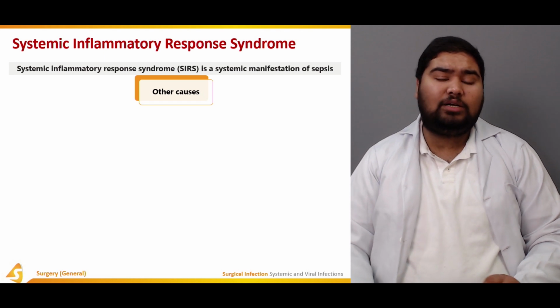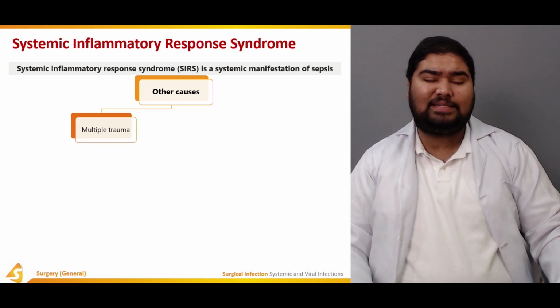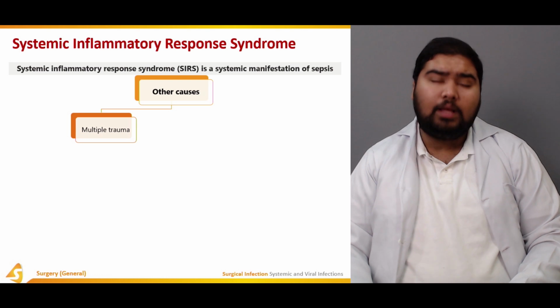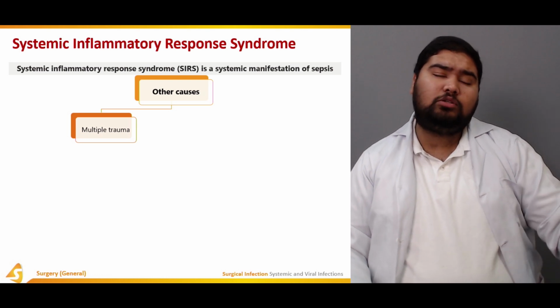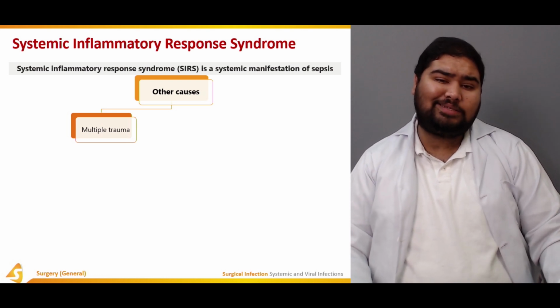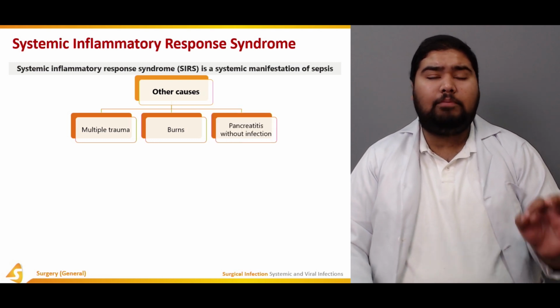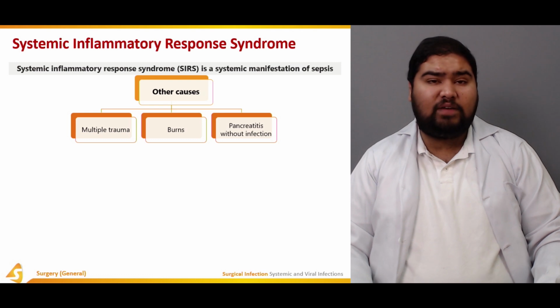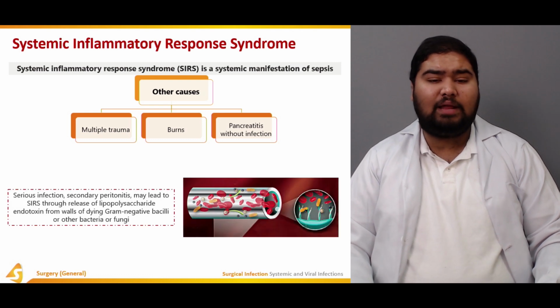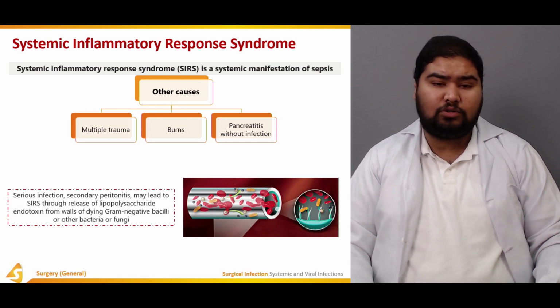So what are the other causes of SIRS or systemic inflammatory response syndrome? Multiple trauma can also activate this system. Burns can activate this system. Pancreatitis without infection can activate the systemic inflammatory response syndrome.